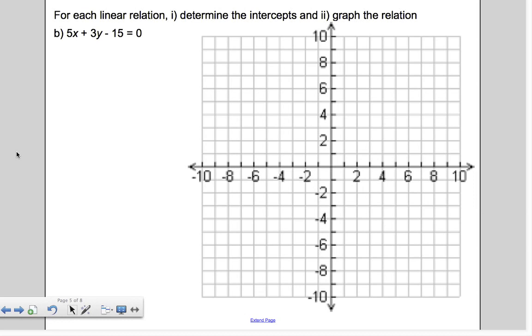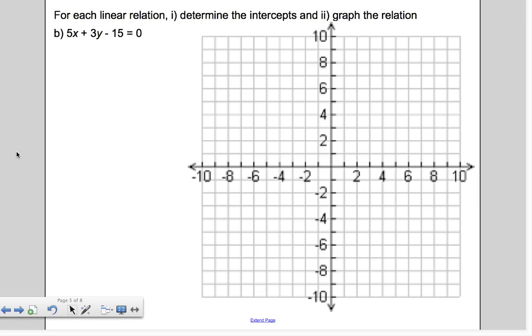Exactly. How do we isolate for that? Well, before we do that, we have to get rid of the negative 15. How are you going to get rid of the negative 15? On both sides, right? Good.